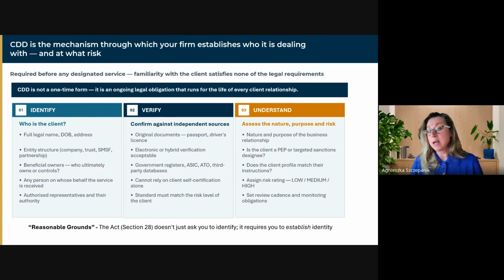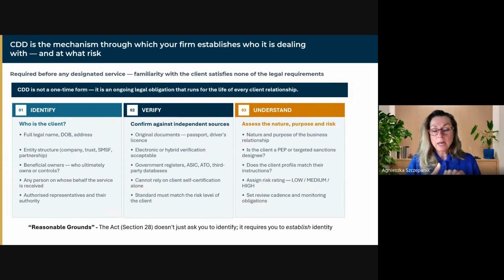Is it a trust, SMSF, partnership, etc.? Who are the beneficial owners who ultimately control the company or the entity? And what are the layers of that ownership? Any person on whose behalf that service is received or monies might be going to, and any third parties, so authorized representatives and their authorities.